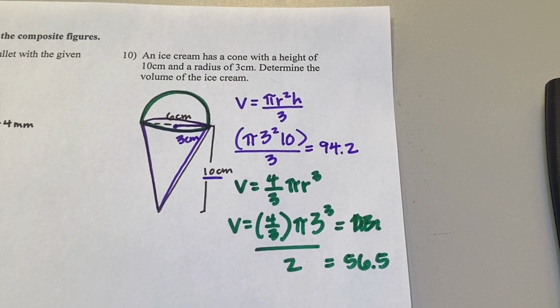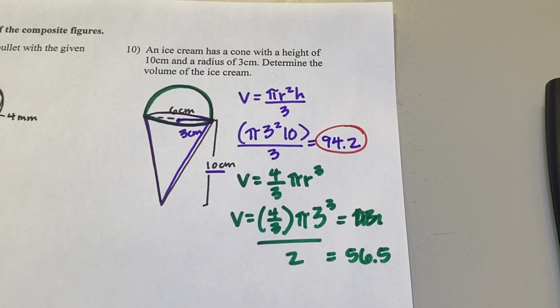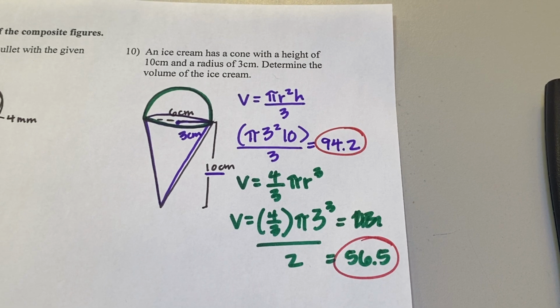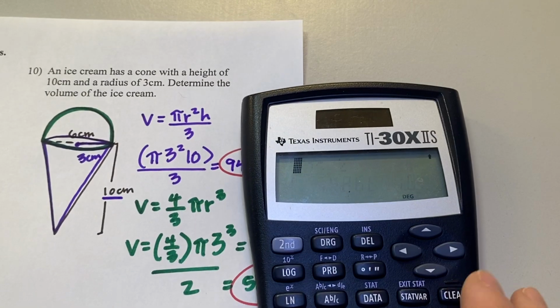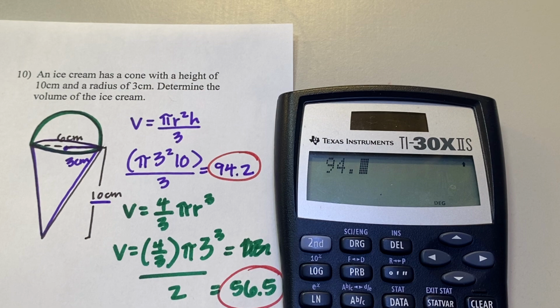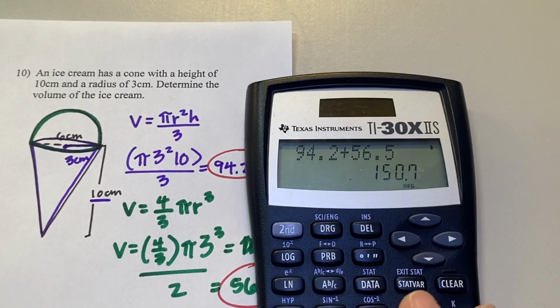So I found the volume of the cone, 94.2, and I found the volume of the ice cream part, 56.5. Remember, we found the volume of the whole sphere, but then we had to cut it in half, divided by 2. What do I do with those two measurements? Add them. So I have 94.2 plus 56.5, which is 150.7.